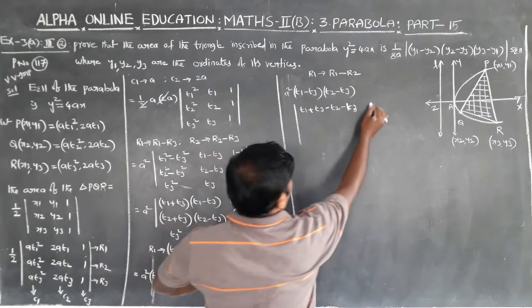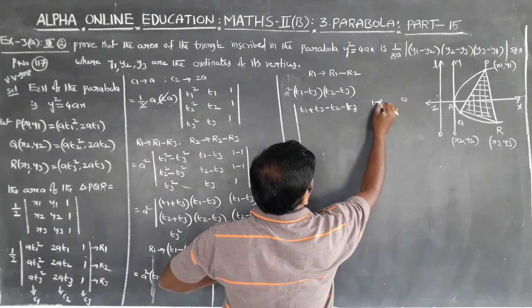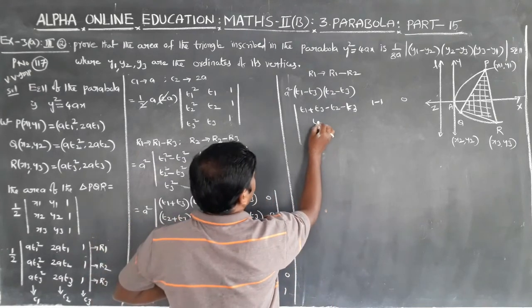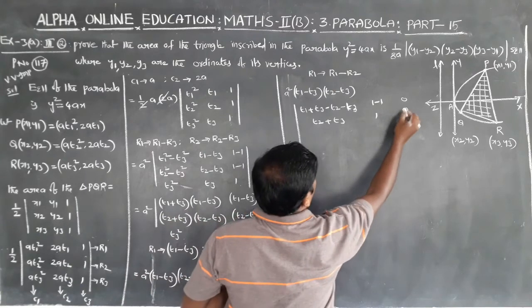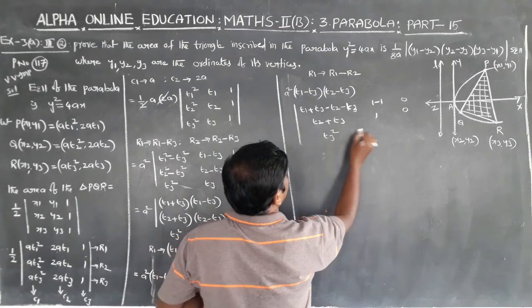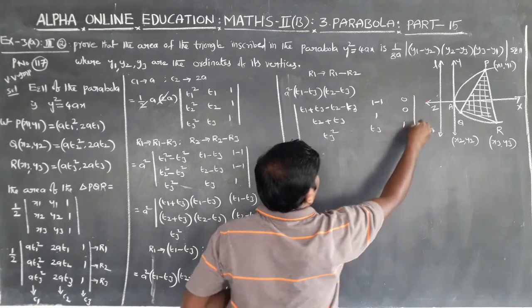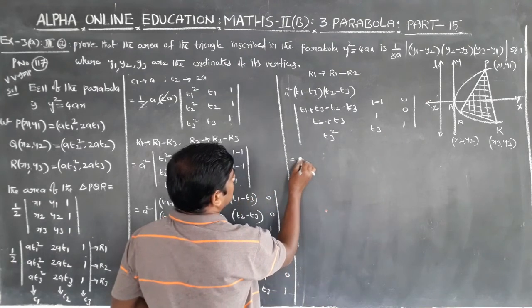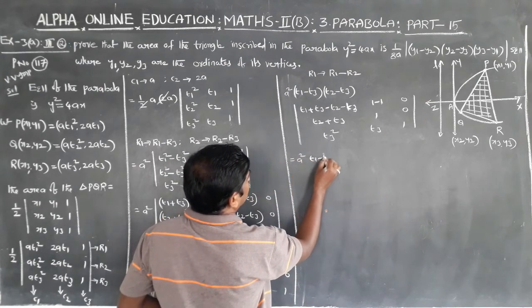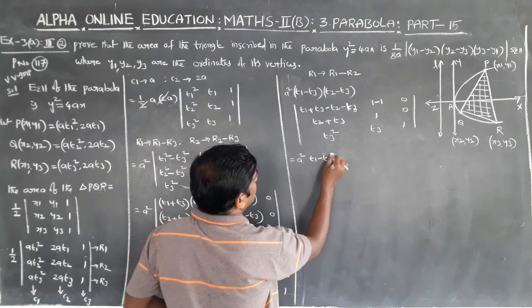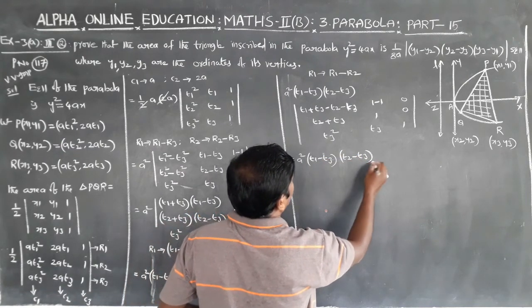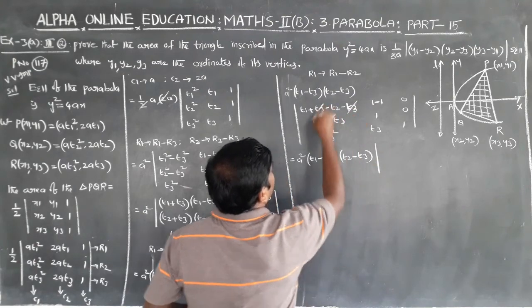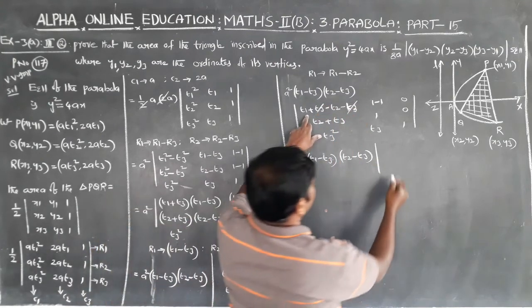Here 1 minus 1, 0. Next to T2 plus T3, 1, 0. T3 square, T3, 1. A square into T1 minus T3 into T2 minus T3 mod of T3 get cancel.